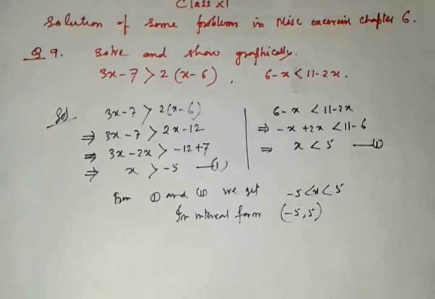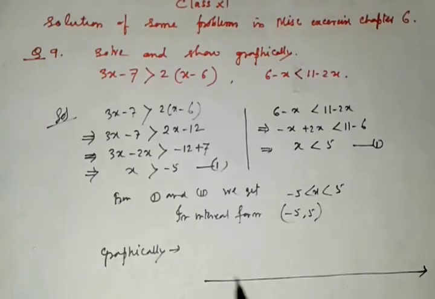Now we have to show graphically. I have to draw a number line here. This is 0. Let this be minus 5 and this be 5.